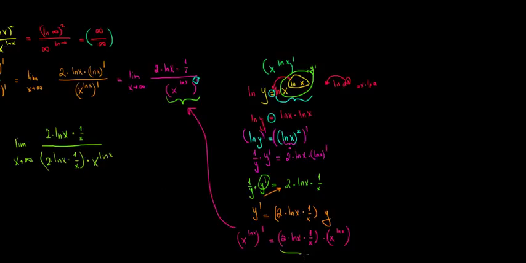Remember, this is just this expression that we substituted. We notice something, that we have the same terms, 2 ln x and 1 over x, here and here. We can cancel them out, so we are left with the limit as x approaches infinity of 1 divided by x to the power ln x.